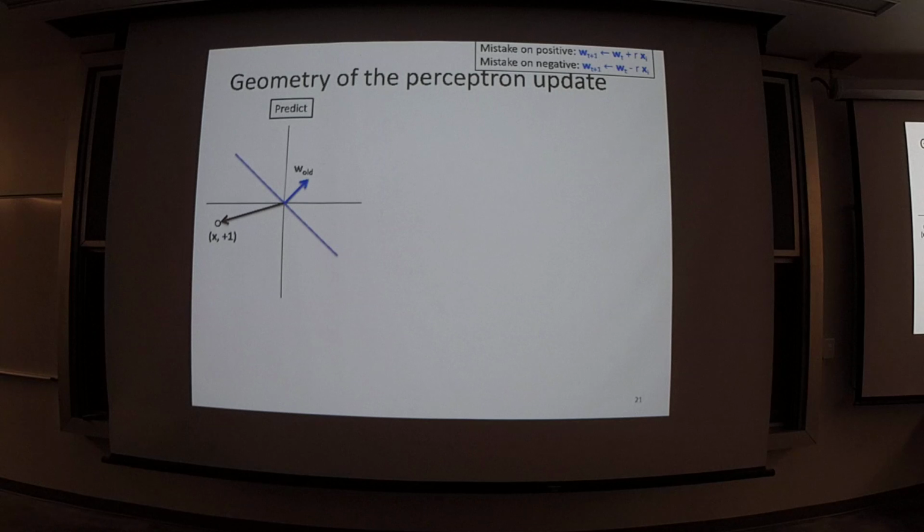Because this positive example resides on the other side, the angle between x and w_0 is bigger than 90 degrees. So you're going to predict this x to be negative. That means we make a mistake. And then how do you update?